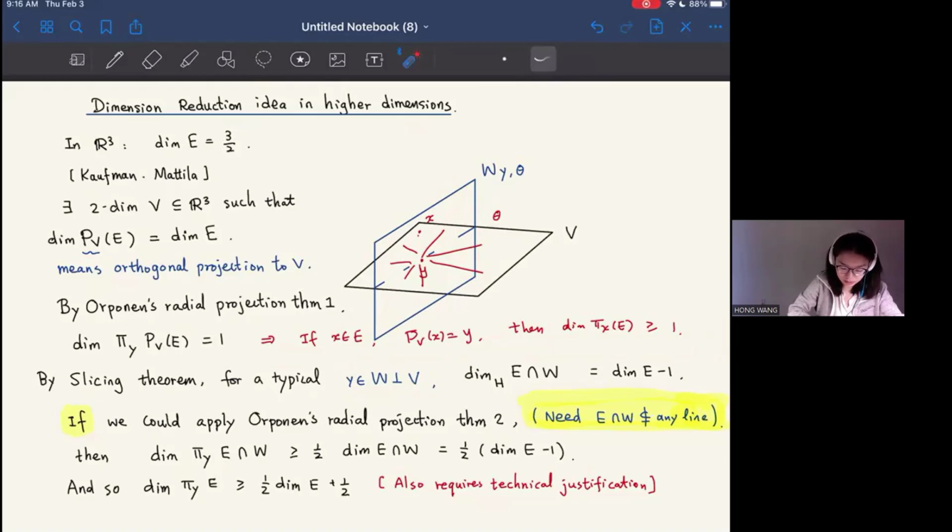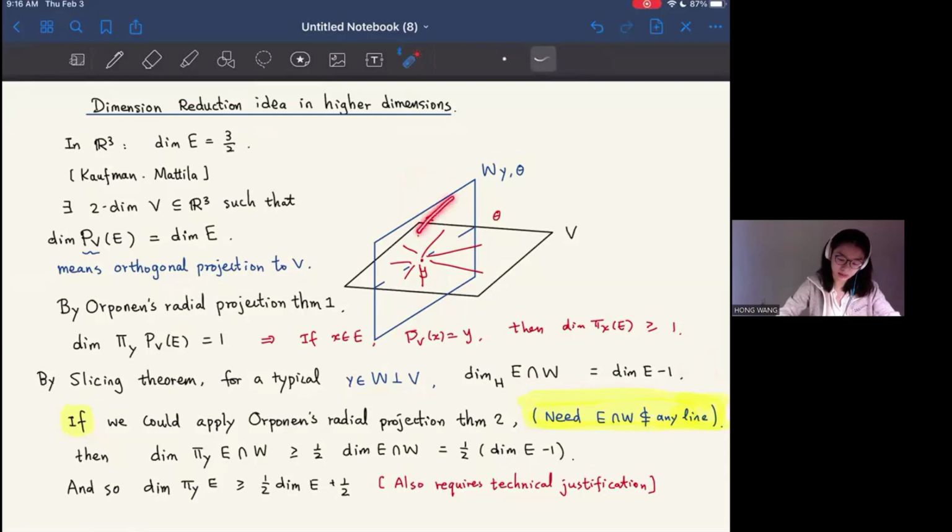So by a slicing theorem, also classical, but I won't state it here, for a typical W, a two-plane that's orthogonal to V through Y, and there are many of those two-planes, for a typical two-plane the dimension of E intersect W is the dimension of E minus 1. In this case, that is 1/2.